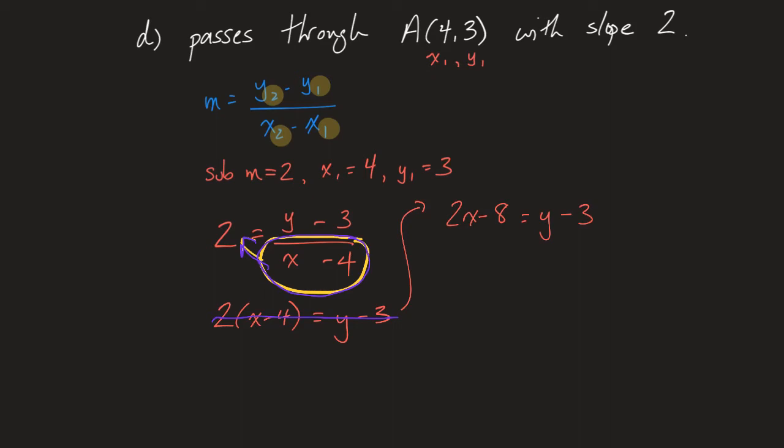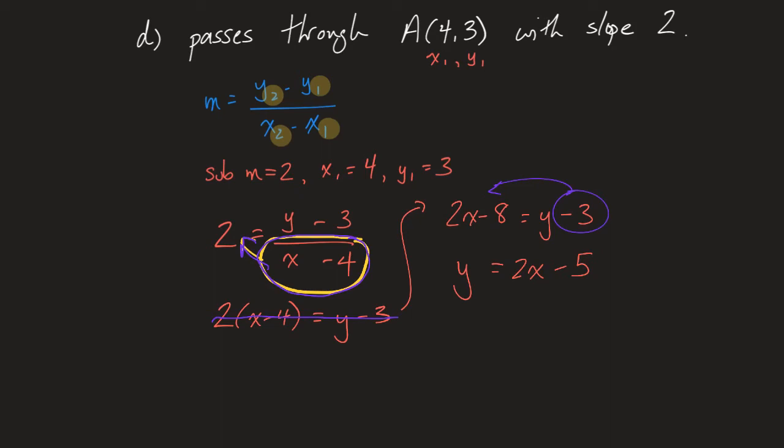Okay, now if I want to rewrite that and I want to get the y all by itself, I need to get rid of my minus 3, which means I need to add 3. And so I have y equals 2x minus 5. And you'll notice we get down to the same thing that we did before.